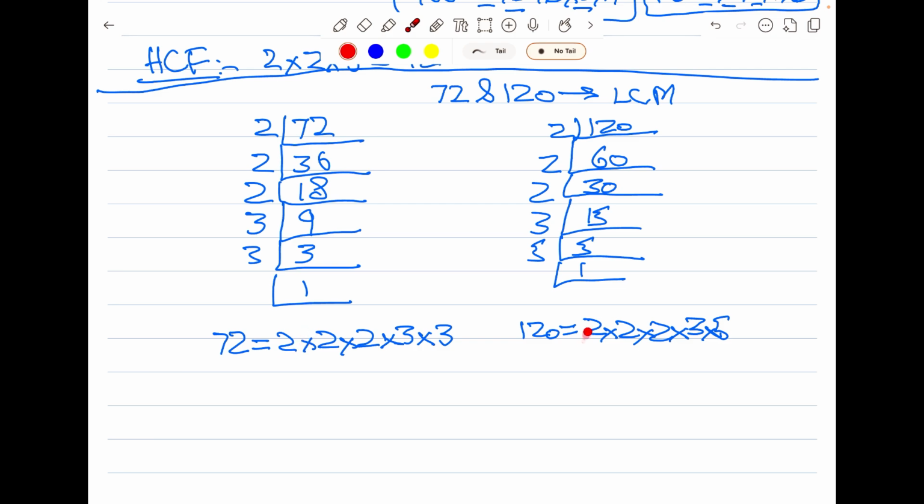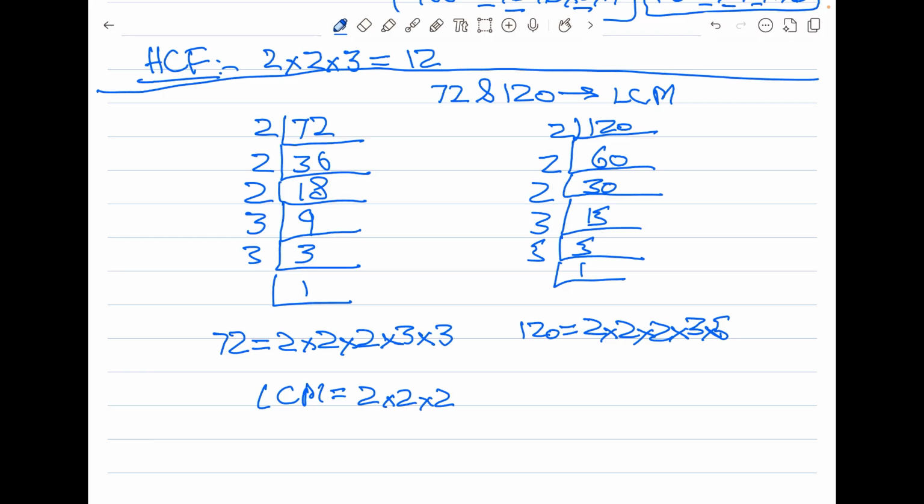So 2 is a common factor in both, and its largest set is 2 into 2 into 2. So we're going to write out the LCM as 2 multiplied by 2 multiplied by 2. That's apparent because 2 occurs in the same set in the prime factorization of both numbers.